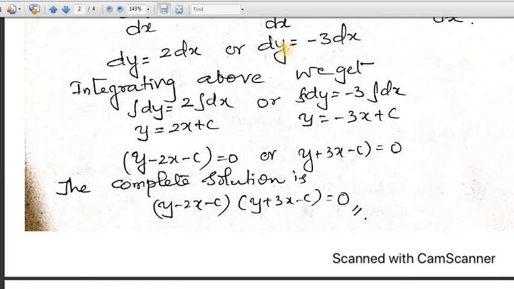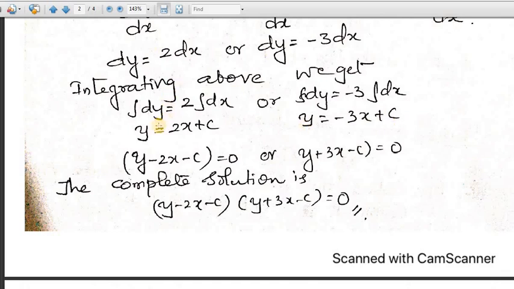Similarly, in the second equation, dy is integrated and we get y, minus 3 stays as it is, and the integration of 1 dx is x. So minus 3 into x is minus 3x, plus c is the constant of integration.